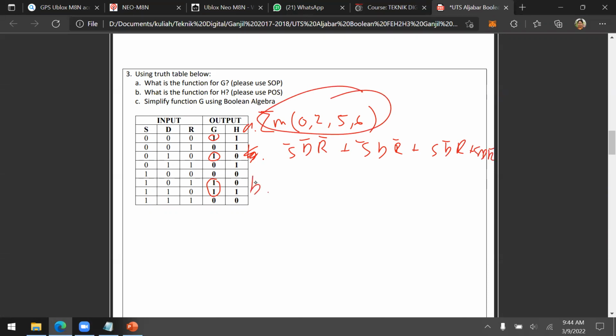And B, please express the function for H by using POS. Okay, so POS is this. So what are the member numbers that have 0? This is 0, this is 0, and this is 0. So these are members 2, 4, 5, 7.